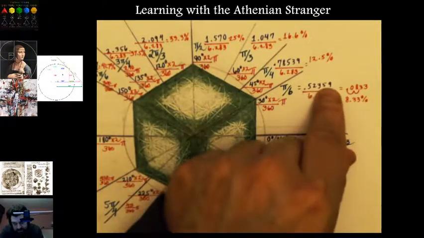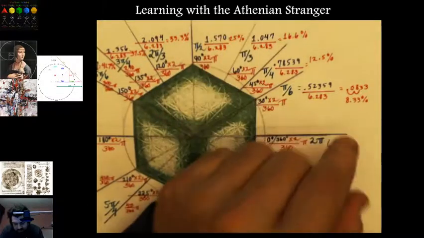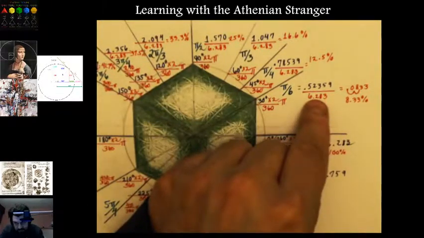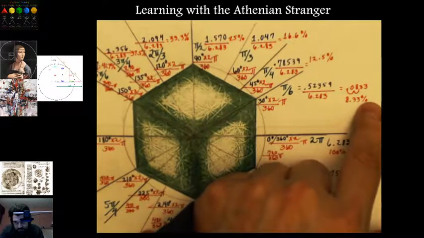This is a piece of the circumference. What piece? How much of a piece of the total circumference? Well, you've got to divide by the total circumference. That would be 8.33%.